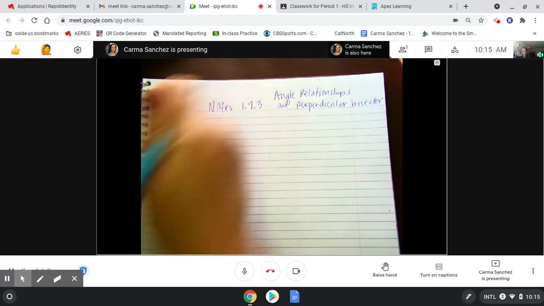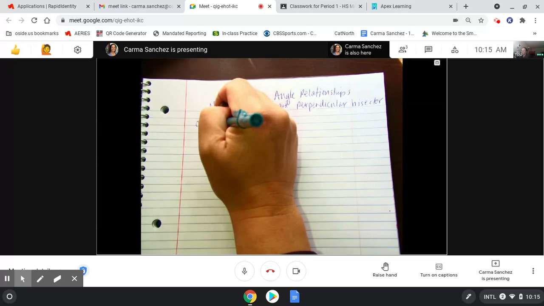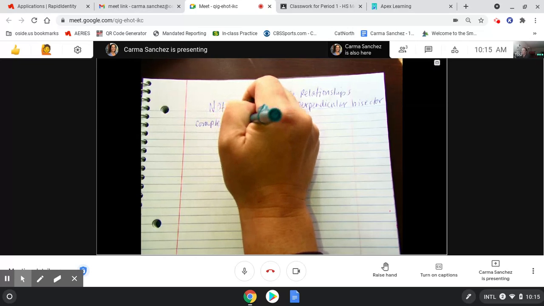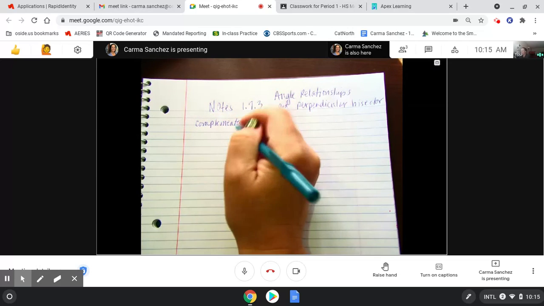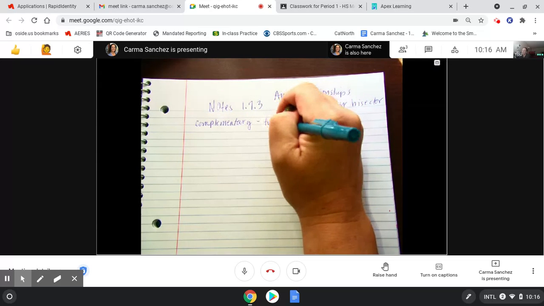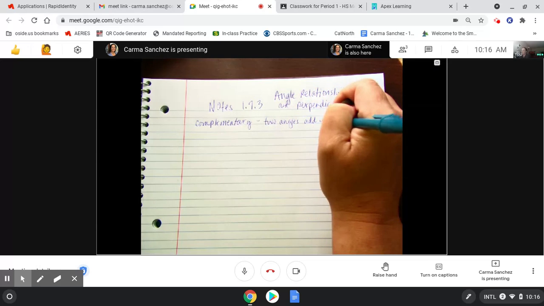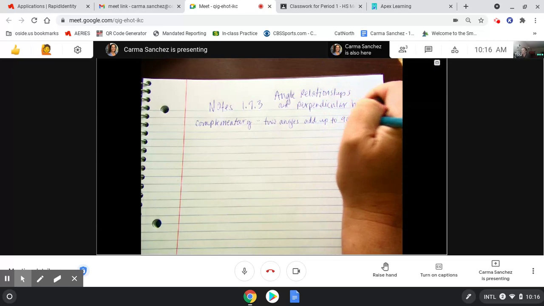So the first word that's going to come up in this section, complementary. And complementary means that two angles add up to 90 degrees.